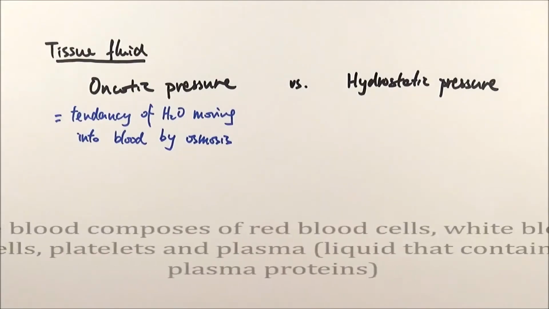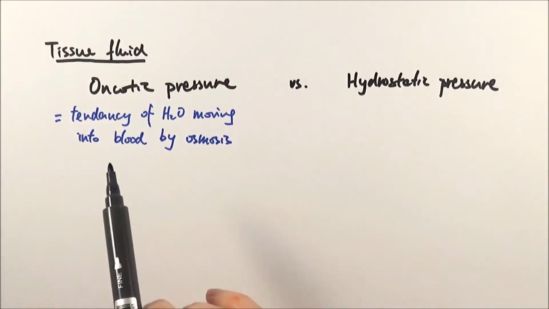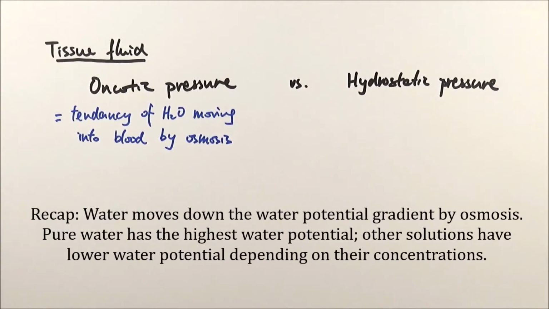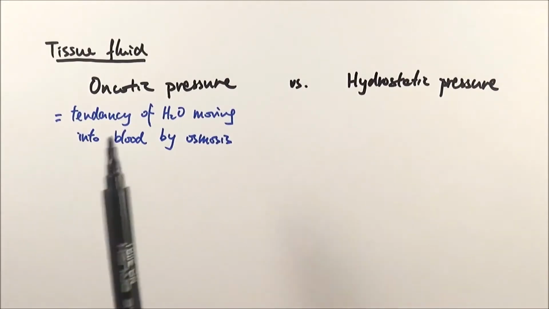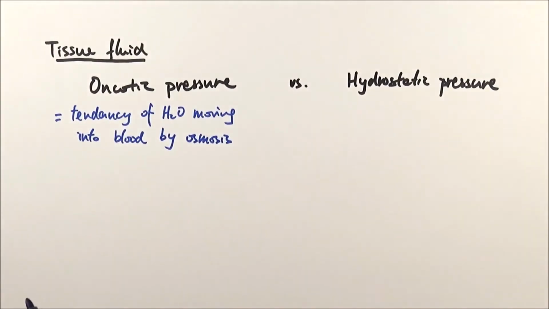In the blood there are red blood cells, white blood cells, platelets, and plasma, and inside the plasma there are plasma proteins, which lead to the existence of oncotic pressure. They lower the water potential in the blood, causing water to want to move in. So it generates an osmotic effect, the effect of osmosis. Do not mix up osmotic effect with oncotic pressure; they are two different things.